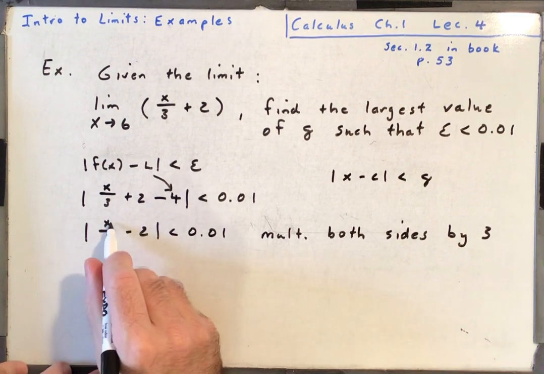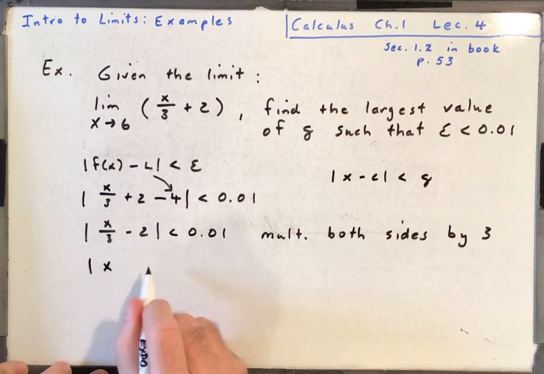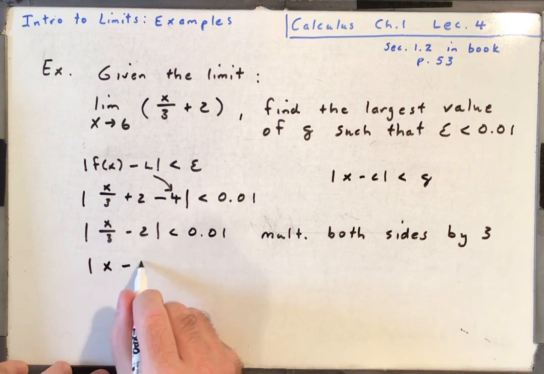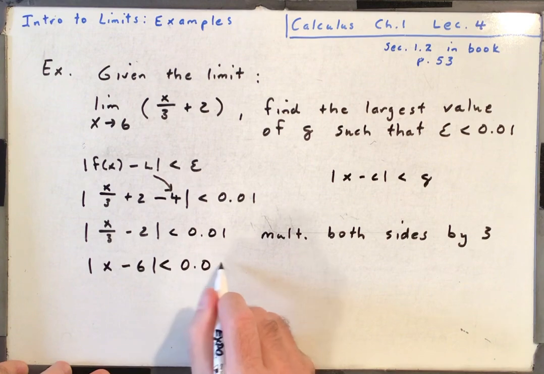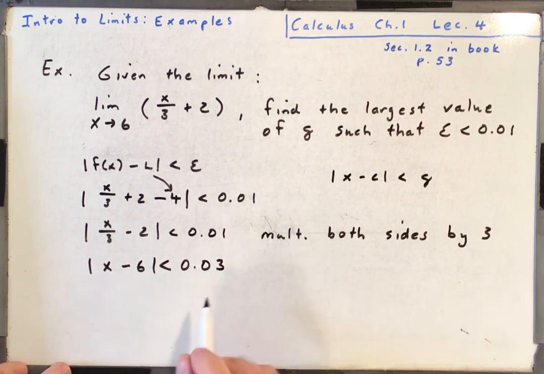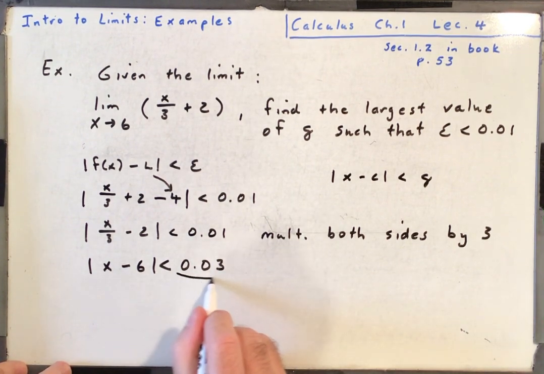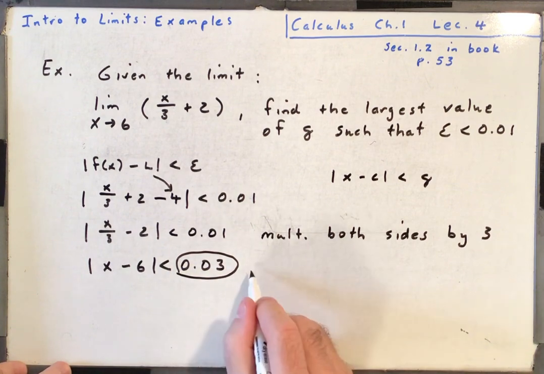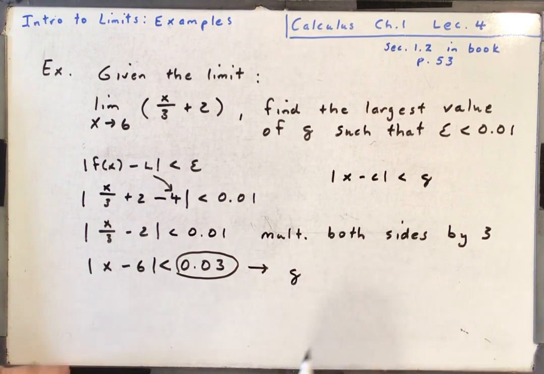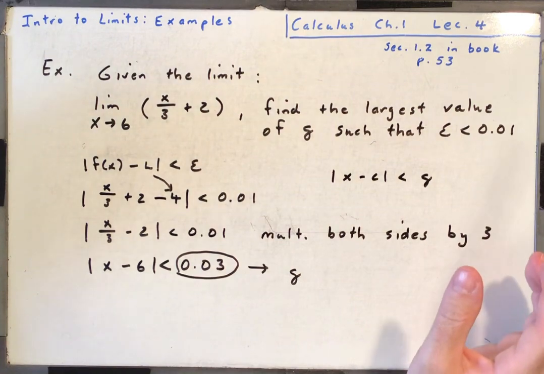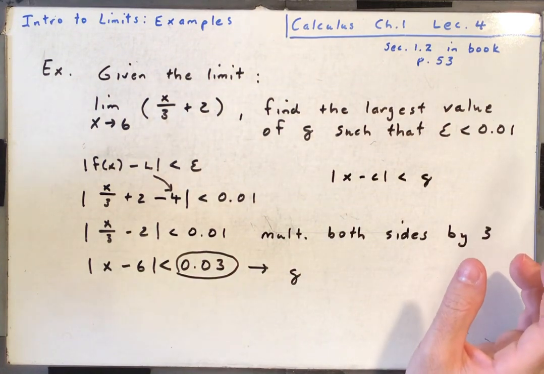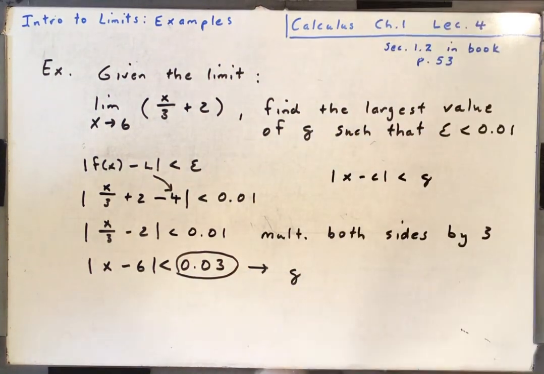If I do that, x over 3 times 3 gives you x, minus 2 times 3 is 6, less than 0.03. And that is your delta. So there's two examples of how to do the epsilon delta definition of a limit, and I think we have one homework problem like that.